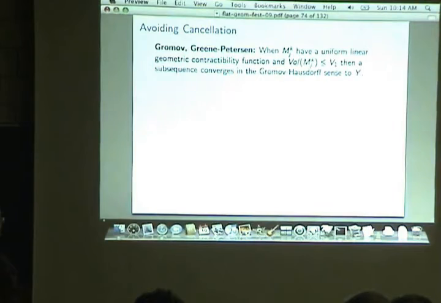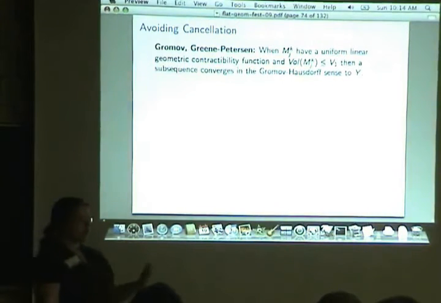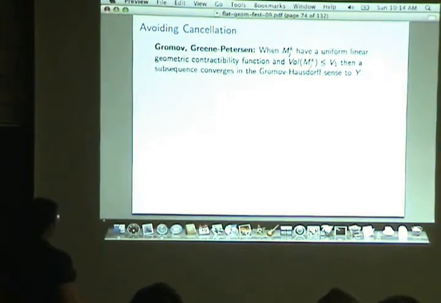So we have two theorems that show there's no cancellation in two different settings. The first setting is based on a theorem of Greene-Petersen, which uses Gromov. If you have a sequence of Riemannian manifolds that have a uniform linear geometric contractibility function, which I will define soon, and you assume the diameter is bounded above, Greene-Petersen proved that a subsequence converges in the Gromov-Hausdorff sense to a metric space, and they used Gromov's compactness theorem.